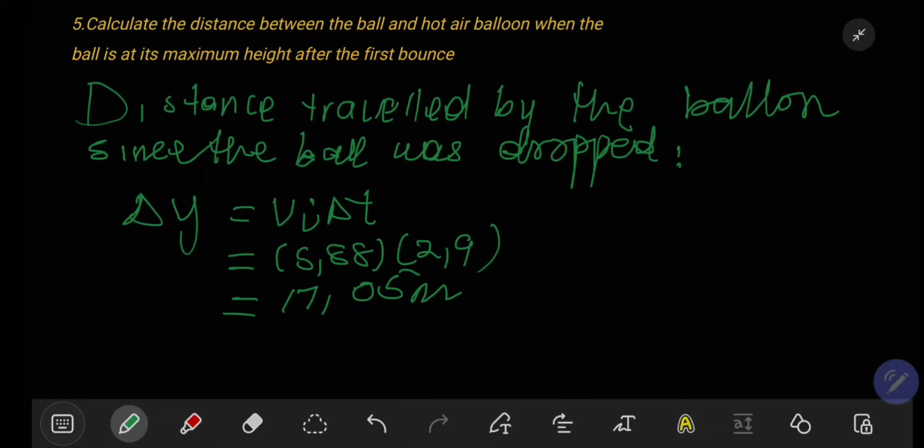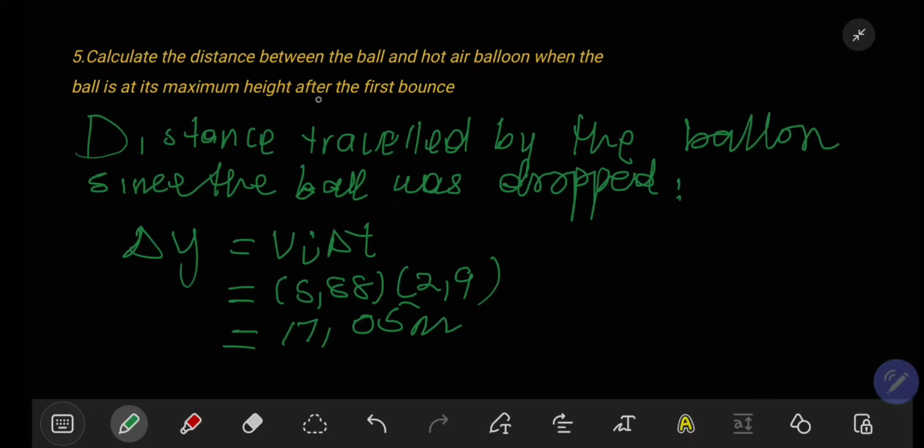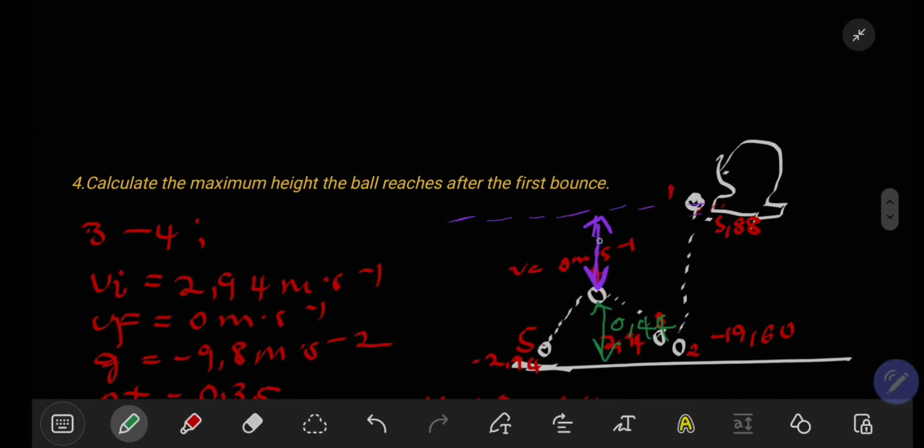Then we have to also know that the displacement of the balloon when the ball was dropped was 17.84. Remember, we calculated the distance between the ball and the hot air balloon after the first bounce, which is this one. In the beginning, we calculated the displacement from the hot air balloon to the ground, which was 17.84 meters.